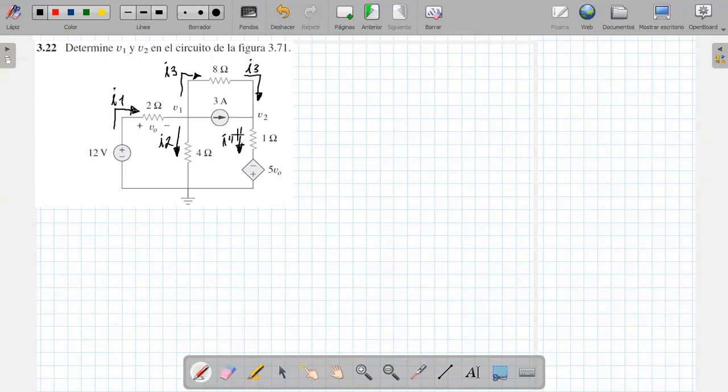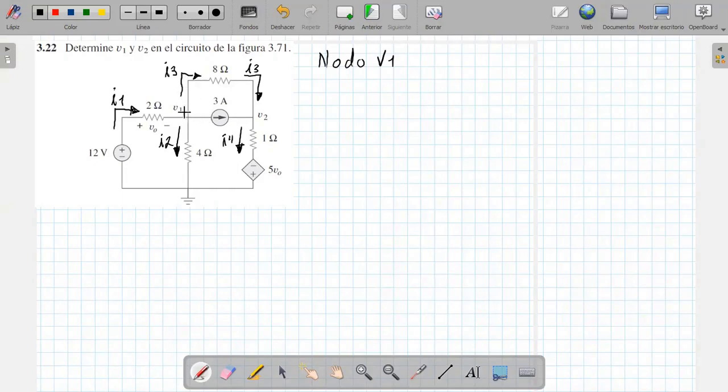Now, having those currents marked, what remains is to do the nodal analysis. I will say that in node V1, the currents that enter will be equal to the currents that leave. I observe that the current that enters at this point is I1 and the currents that leave are I2, I3 and 3 amperes.